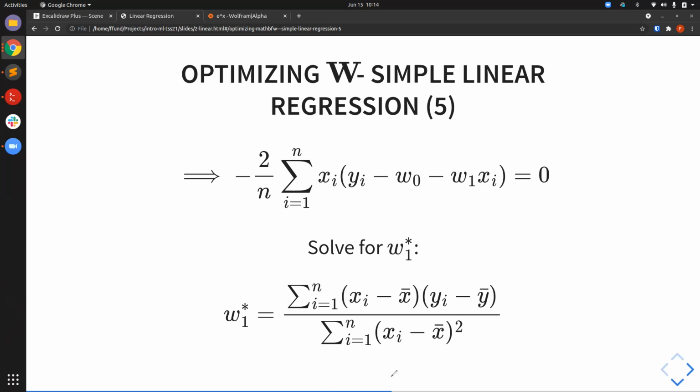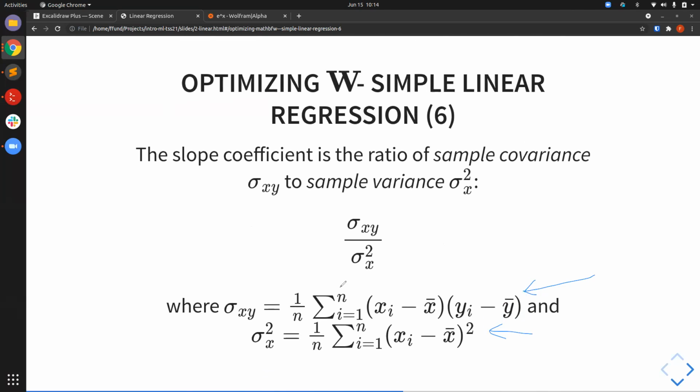The one in the denominator you might recognize because we just looked at it earlier. Does anyone know what that is? What's this quantity down here? Okay, so this is just the variance of x in the denominator. In the numerator, we have the covariance, exactly.